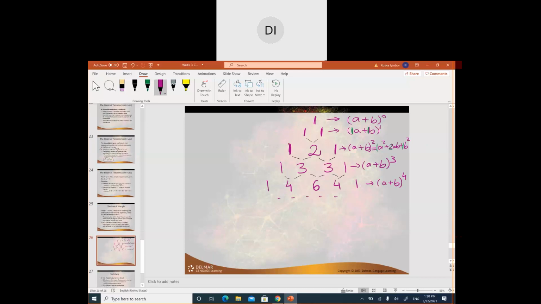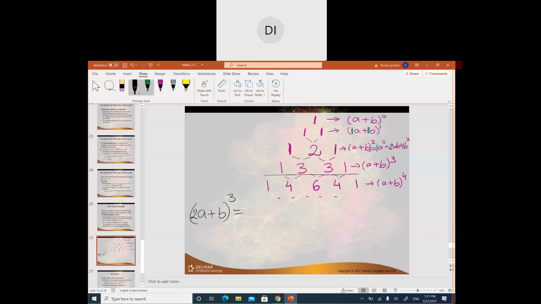So let's do one example where I can show you how to use that. So let's say I want to do a plus b. What exponent do you want to do? Or you can do 2a plus b with exponent 3. Let's do that. So if I want to do that, I'm going to go to power 3. So these are my numbers, 1, 3, 3, 1. I'm going to start with that.